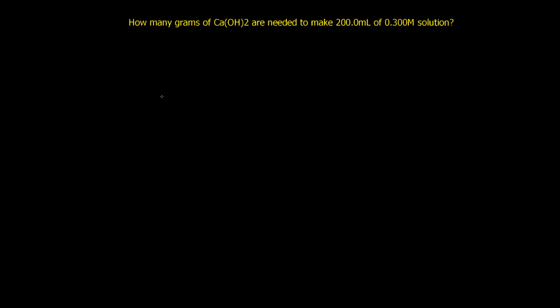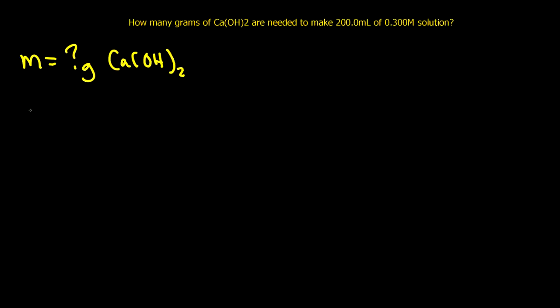All right, let's look at one last problem. So how many grams of calcium hydroxide are needed to make 200 milliliters of a 0.3 molar solution? So I'm looking for grams, so I'm looking for a mass of calcium hydroxide.